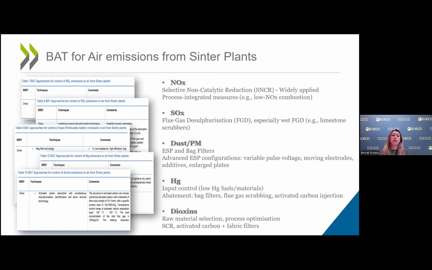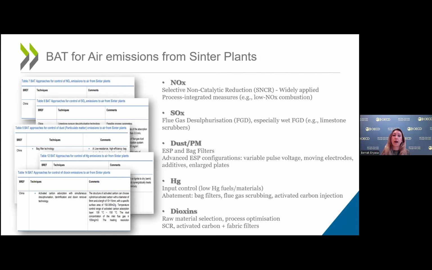We have collected multiple pieces of information on BATs for the selected pollutants that were deemed important for multiple countries. I've added images of the tables on the screen, but we collected further information that you may check within our report, to reflect on what we have collected for the air emissions from sinter plants.